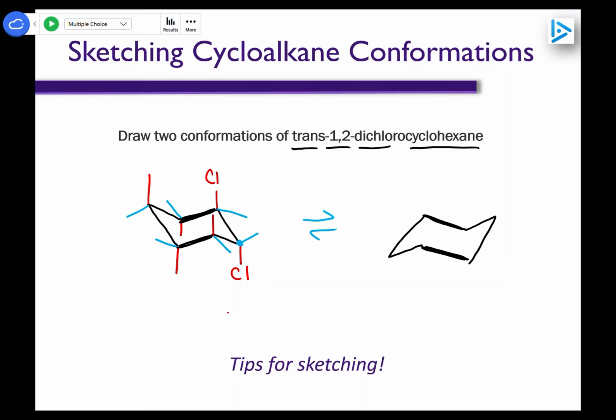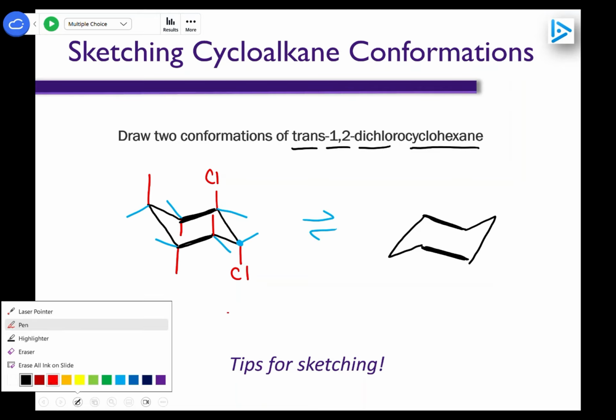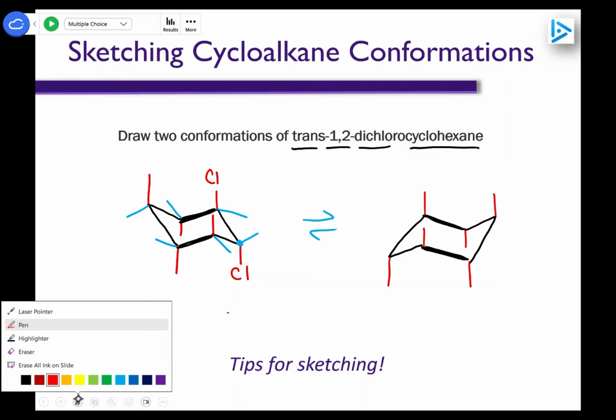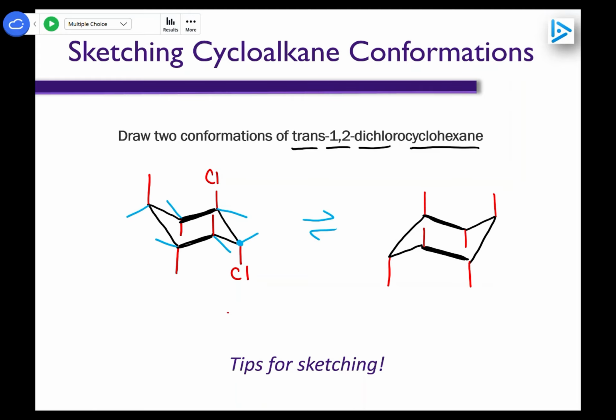Then I find it's helpful to draw in my up axials, 1, 2, 3, and my down axials, 1, 2, 3, and then to draw in the equatorials. And imagine again the up, down continuing along here. Up, down, up, down, up, down. And then we can put in our chlorine atoms. Down and up.